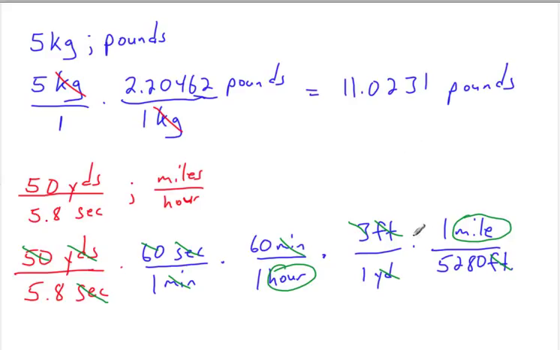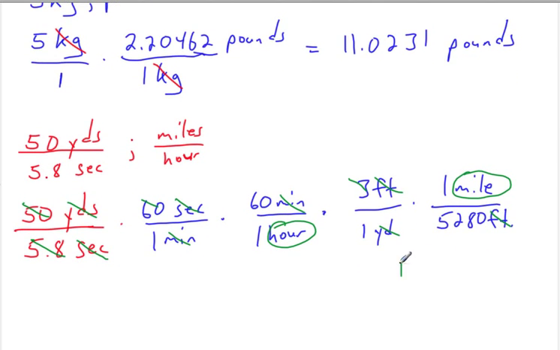Now we're at 540,000, but we're going to divide by 5.8. And we're going to divide by 5,280. And so we end up with 17.63. There's some more there, but I'm just going to round it to that. So approximately 17.63 miles per hour.